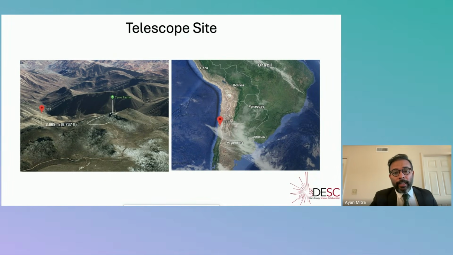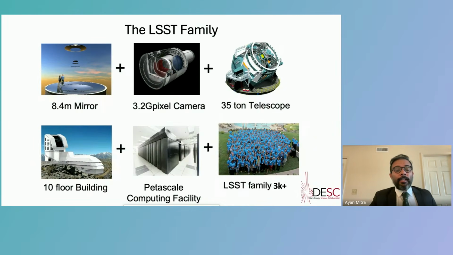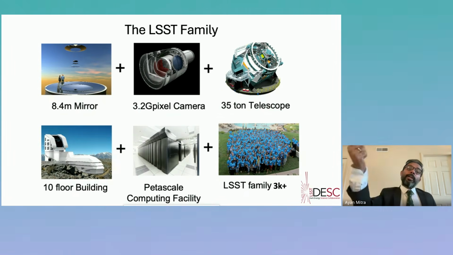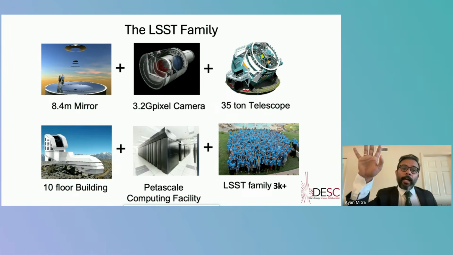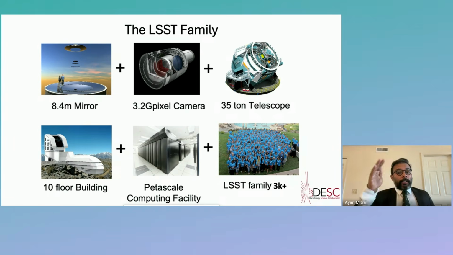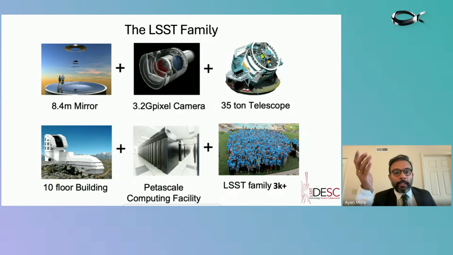It's set up in the Atacama desert in Chile. Chile is in the southern hemisphere, so it will observe the southern sky. Apart from the physics of it, its camera is also state of the art. The digital camera on your phone has a few tens of megapixels, like 20 or 30.